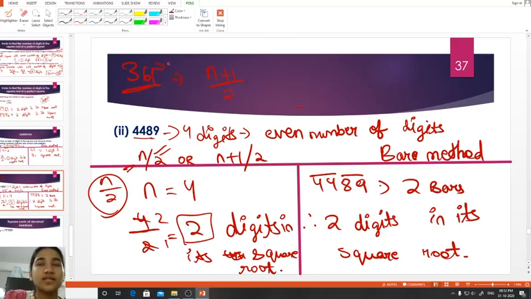Why? Because it has 3 digits, which is odd. n plus 1 by 2, 3 plus 1 by 2 is equal to 4 by 2 is equal to 2 digits. It's obviously right. Absolutely correct. Square root of 361 is 19.